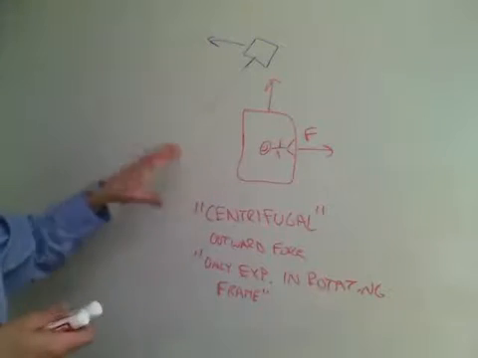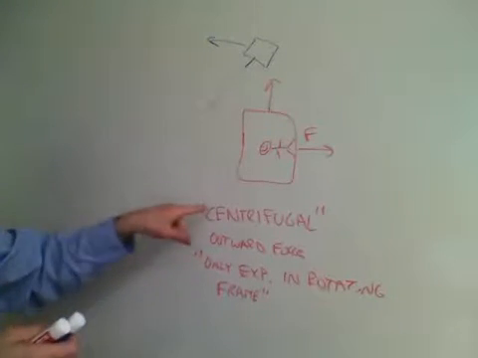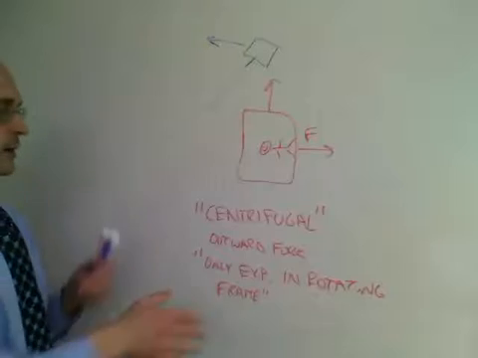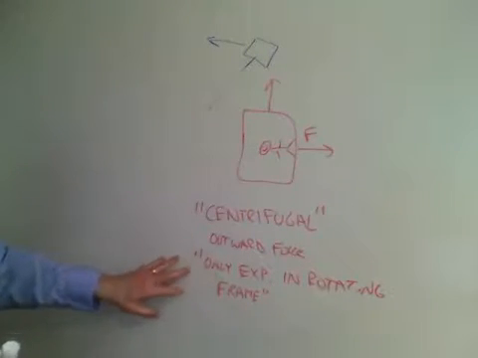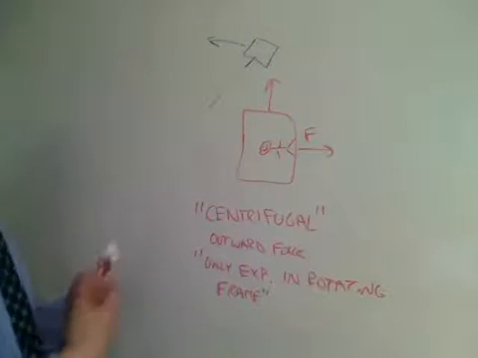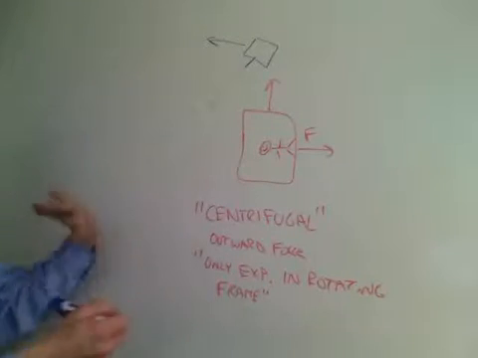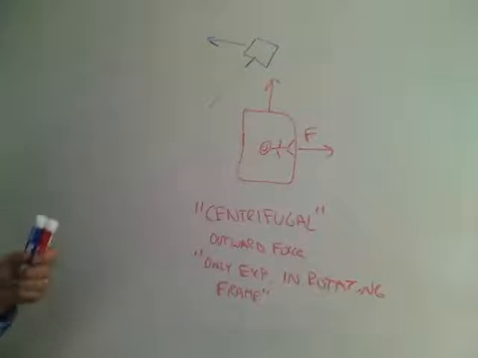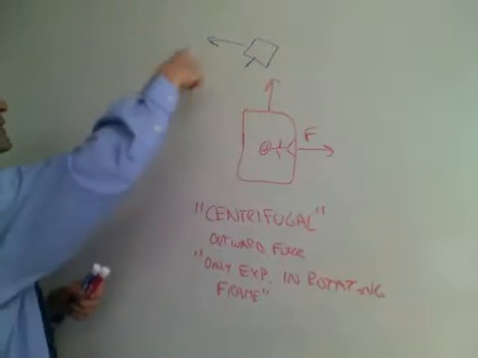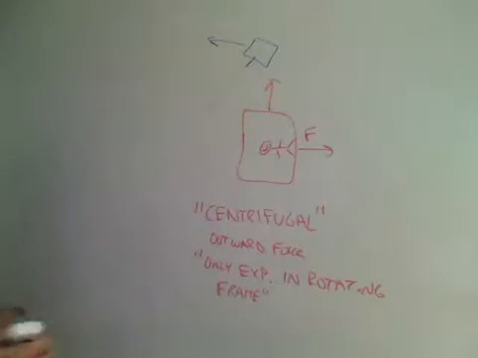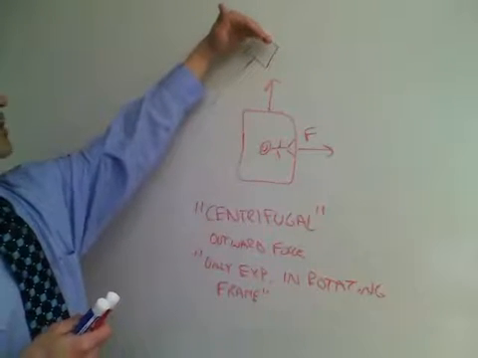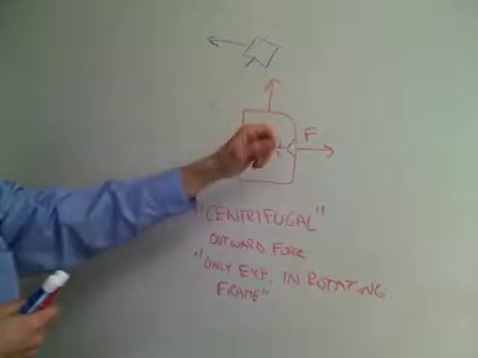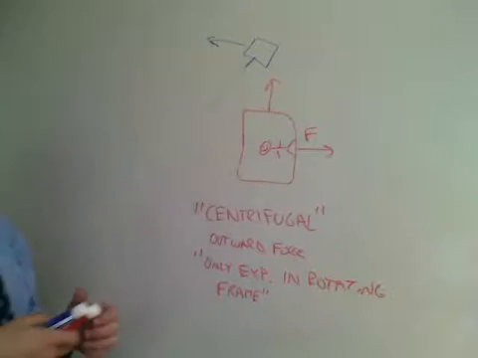That force in the rotating frame is called the centrifugal, or center-fleeing, or outward force. But it only exists in this rotating frame. Otherwise, if you're standing outside and you're the one twirling the can, this force doesn't exist. You know that the can is really experiencing a centripetal force inward.